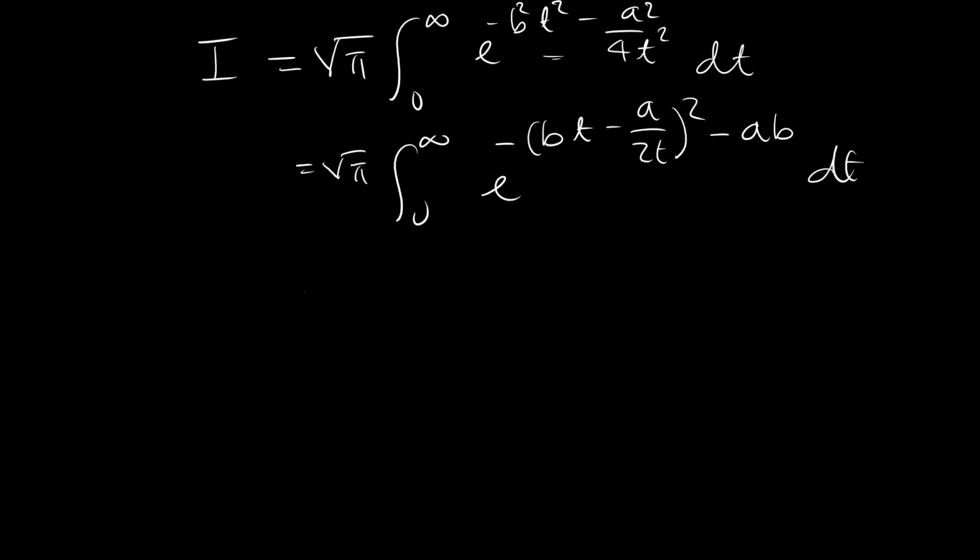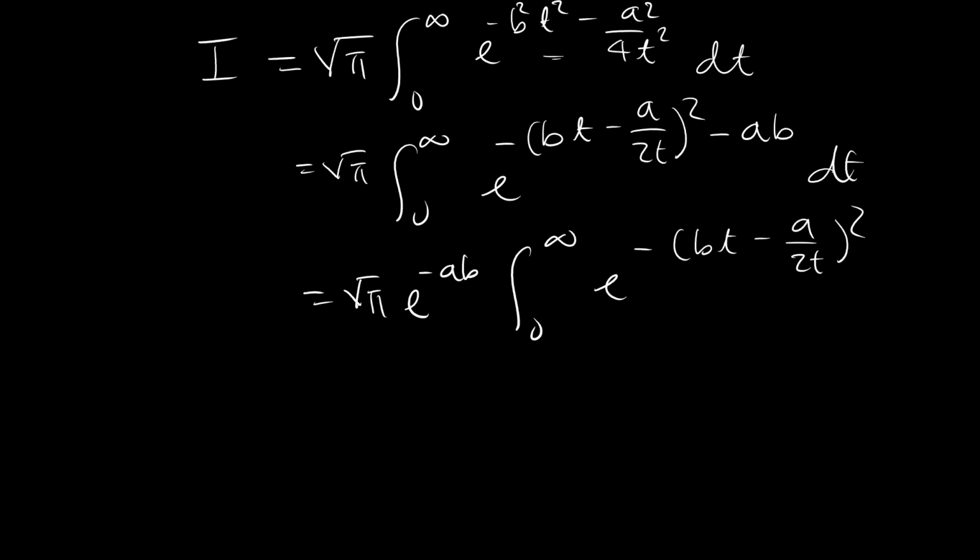So we can pull that constant out, and so we have root pi of root of pi minus e to the power negative ab. Now this is where we're going to use the Cauchy-Schlomilch transformation. And what does the Cauchy-Schlomilch transform tell us? Let's write it down.